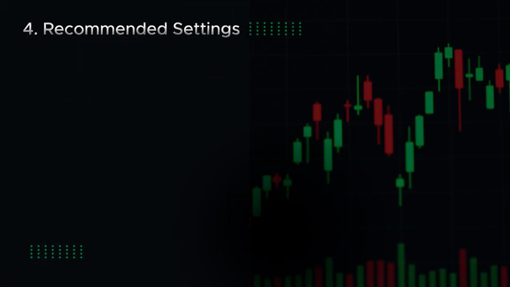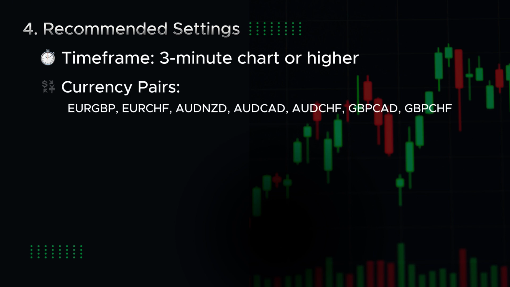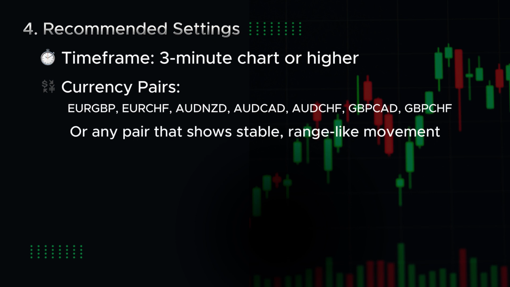For recommended settings, time frame: 3-minute chart or higher. Currency pairs: EURGBP, EURCHF, AUDNZD, AUDCAD, AUDCHF, GBPCAD, GBPCHF, or any pair that shows stable, range-like movement.